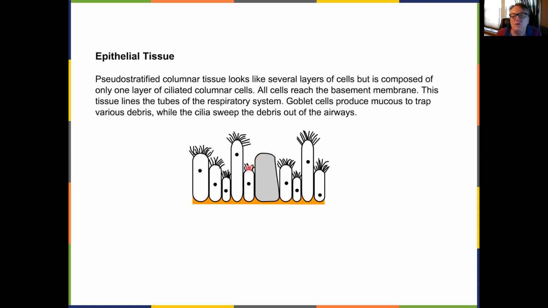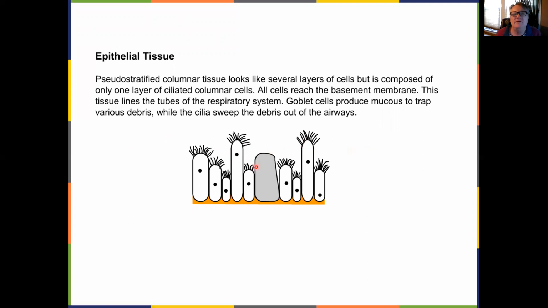And then the mucus gets on them and then you can cough them out. That's what happens in a sneeze. That's what happens in a cough. All of this makes it much more efficient at trapping things so it doesn't get deep into the lungs.